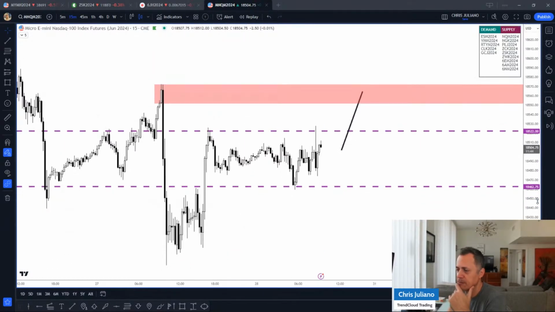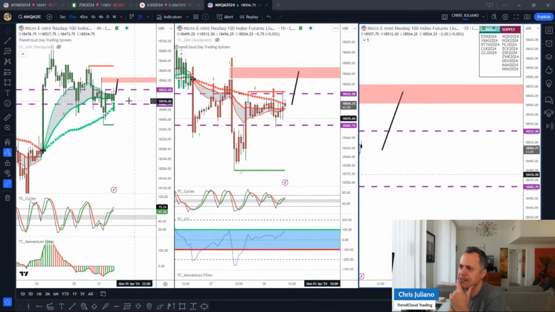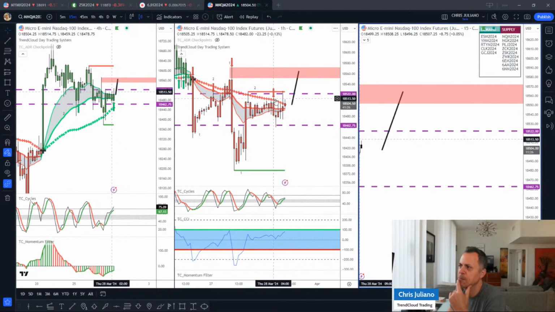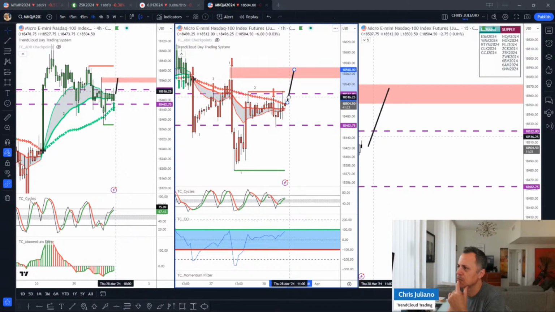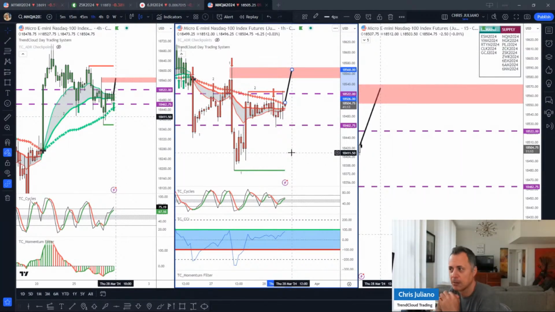What have we found out using TrendCloud? We found out that when you pull back into a supply zone, or when you are approaching a supply zone, but the trend is up on the high time frame, by the time this gets to this supply zone, price is going to be above our trend cloud, fighting for an upward position.